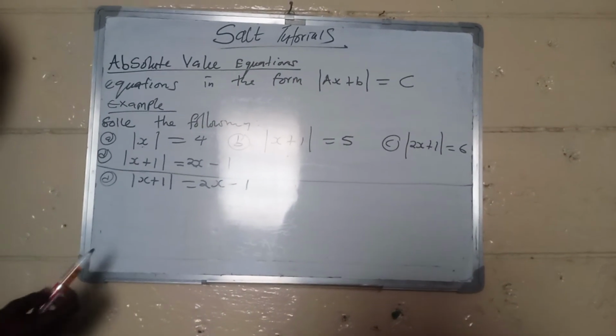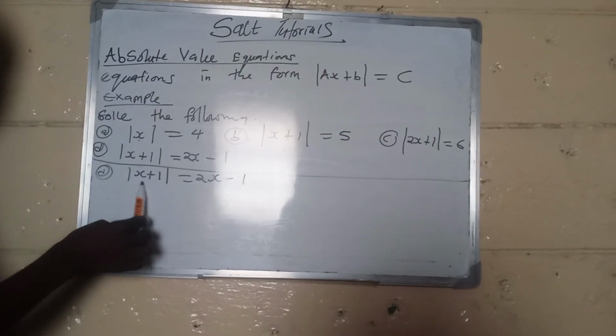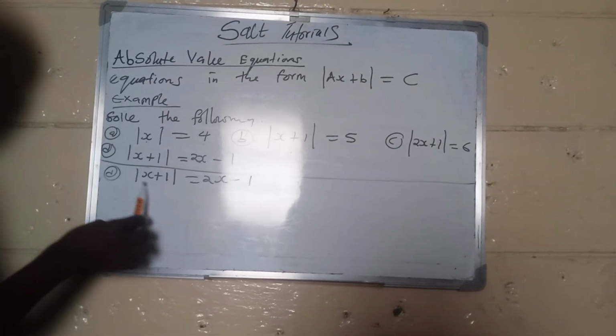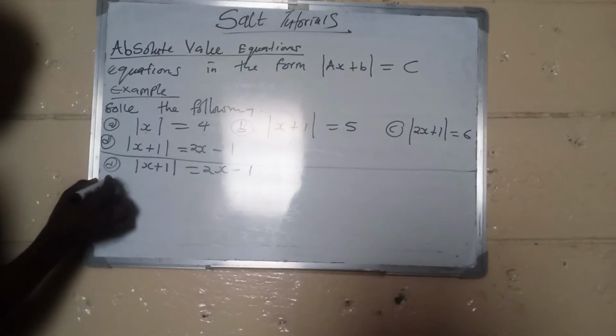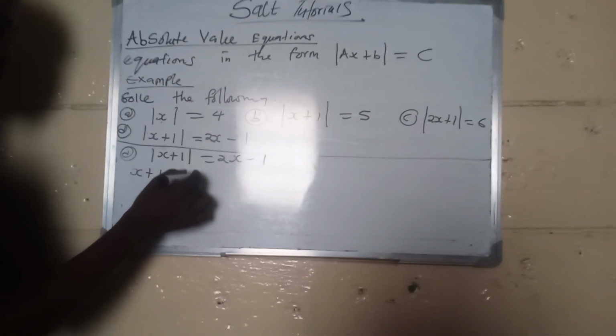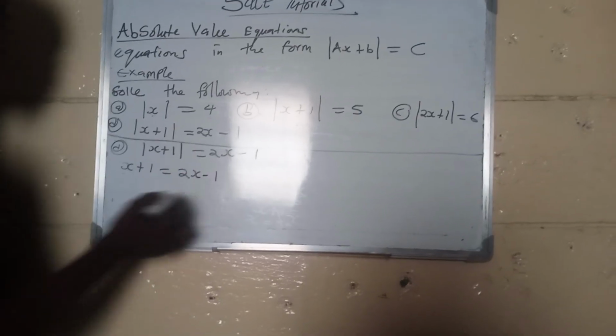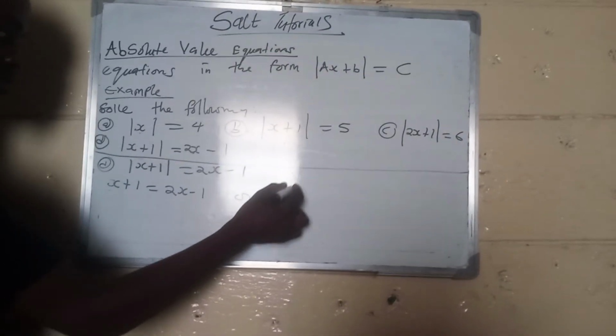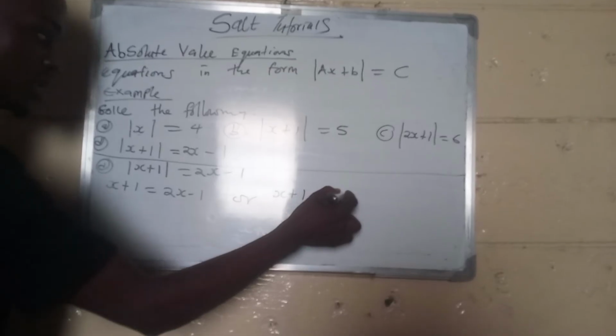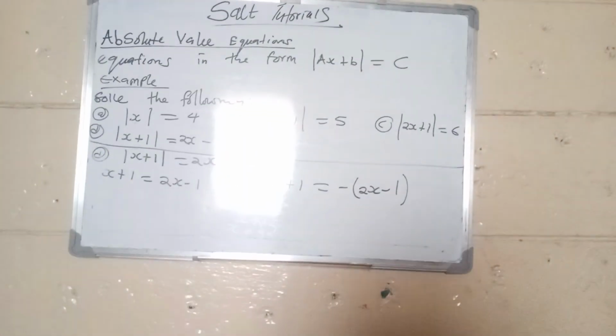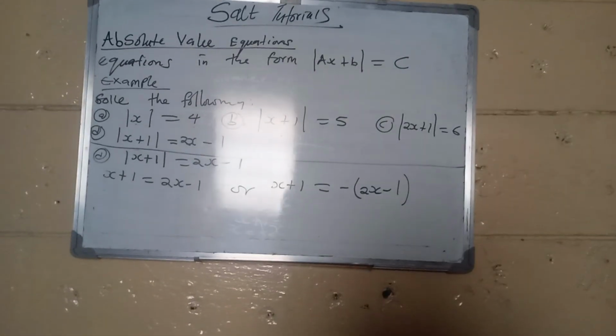The only focus is that whatsoever is in the absolute value, x plus 1, can be in two cases. x plus 1 can be the positive of 2x minus 1, or x plus 1 can be the negative of 2x minus 1. These are the two conditions according to the absolute value.